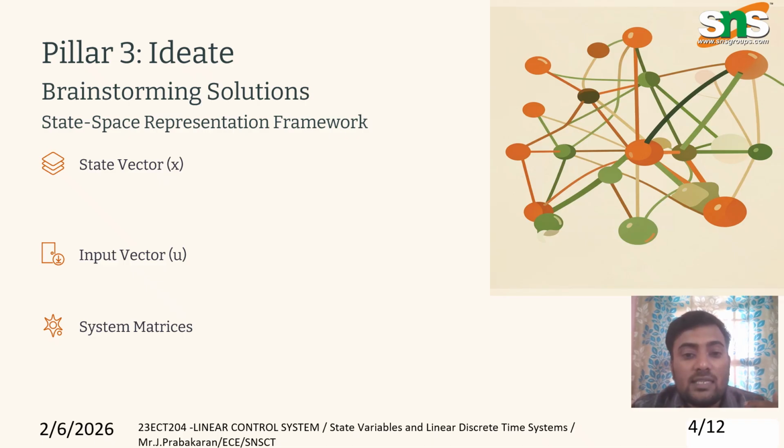System matrices define how the system behaves internally. They are phi and gamma, and its advantage is state space representation can easily handle systems having multiple inputs and multiple outputs. These are called MIMO, that is multiple input, multiple output systems.